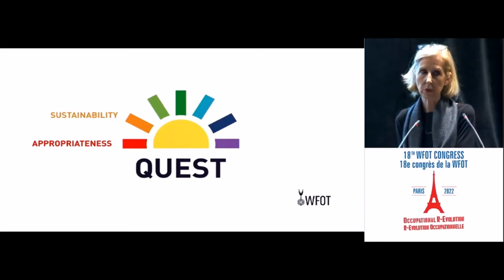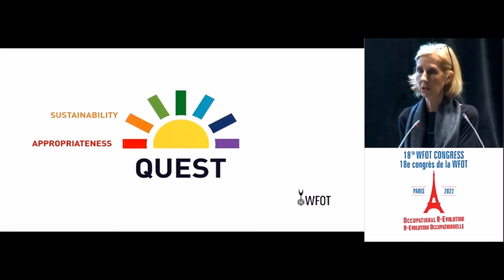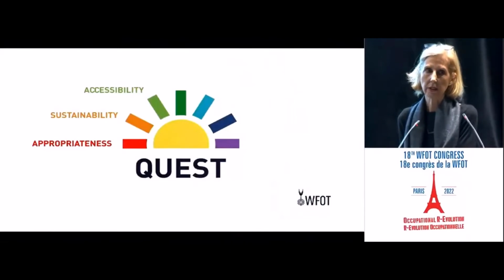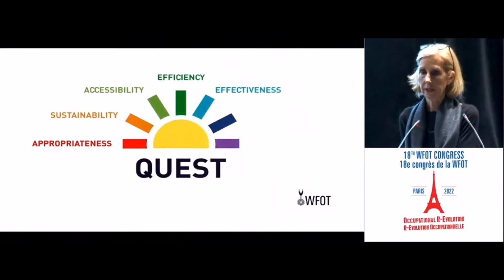Sustainability, whether or not resources are available in the long term without threatening future supply of those resources. Accessibility, looking at the availability of services in terms of cost and time and other types of resources. Efficiency, and whether or not we're using services optimally.